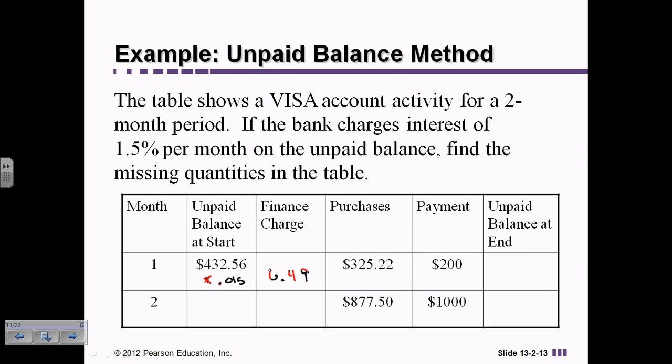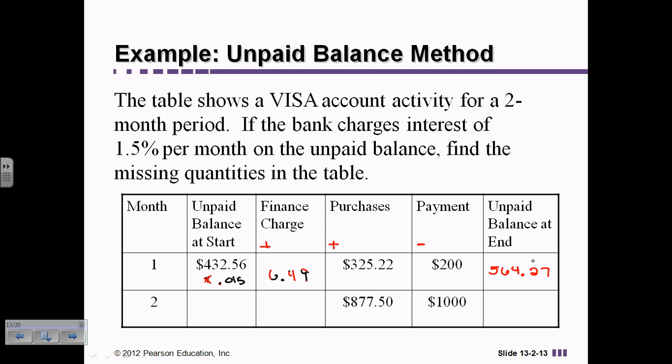Then you made a purchase of $325 and you made a payment of $200. So at the end of the month, we're going to add this finance charge, we're going to add the purchases, but then we're going to subtract that payment that you made. So at the end of the month, your balance is $564.27.